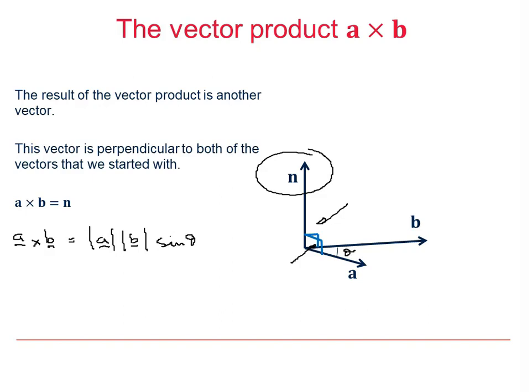That gives us the magnitude of this vector, and so to give it a direction we want to include a unit vector in this direction, which is normally given the symbol n hat, so that a cross b is mod a mod b sine theta n hat, and the hat means it is of length 1.